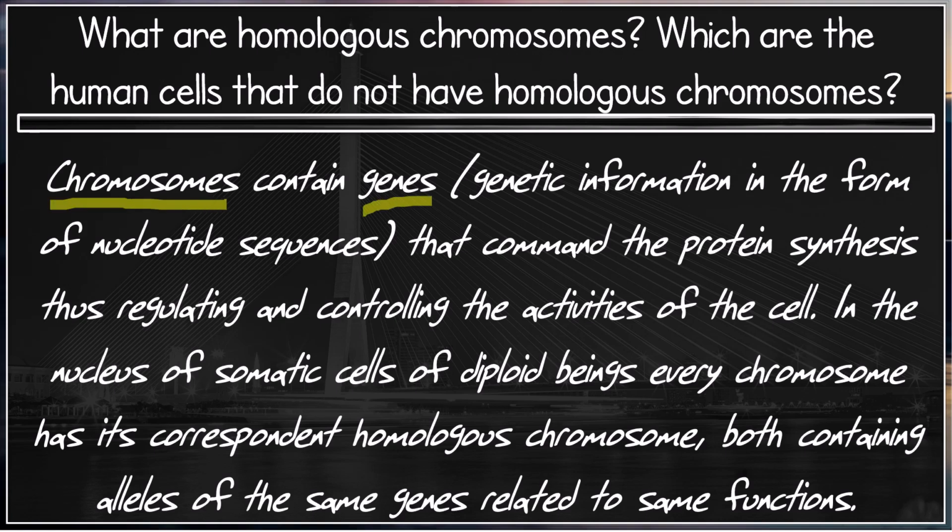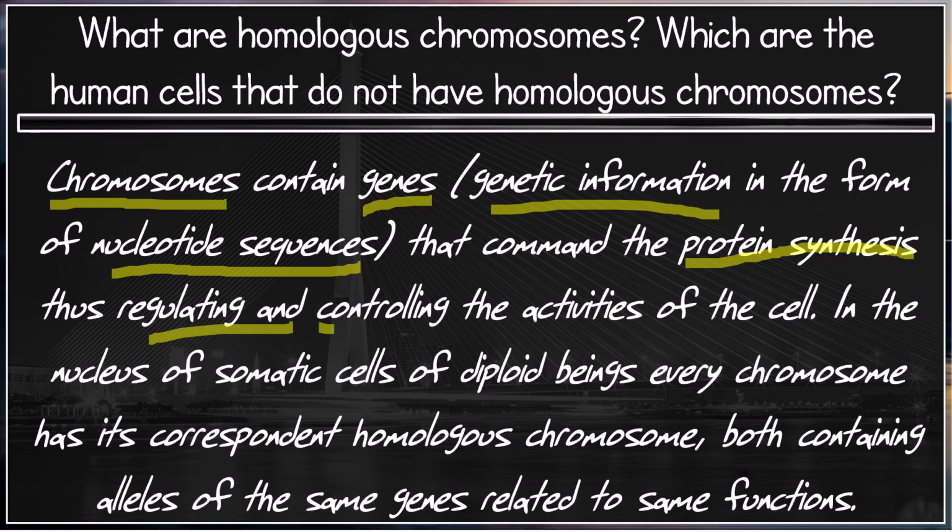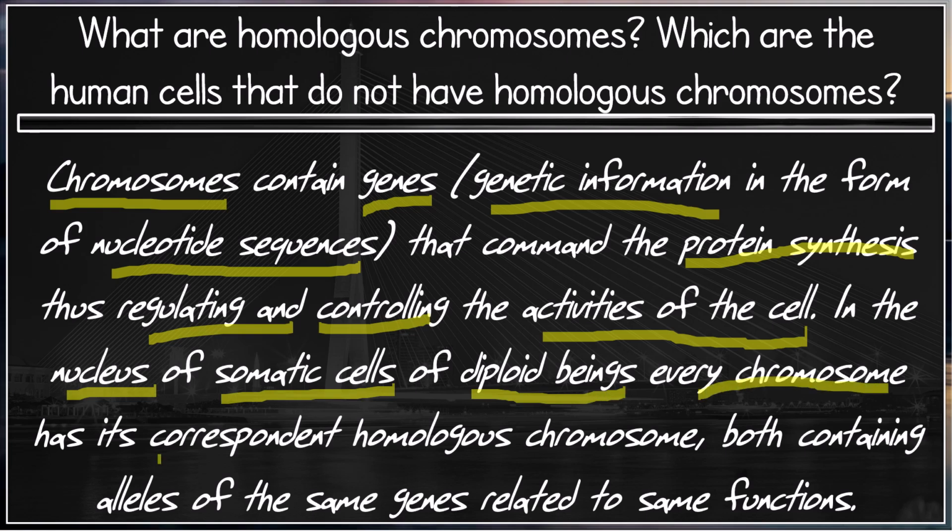Chromosomes contain genes, genetic information in the form of nucleotide sequences that command protein synthesis, thus regulating and controlling the activities of the cell. In the nucleus of somatic cells of a diploid being, every chromosome has its corresponding homologous chromosome, both containing alleles of the same gene related to the same functions.